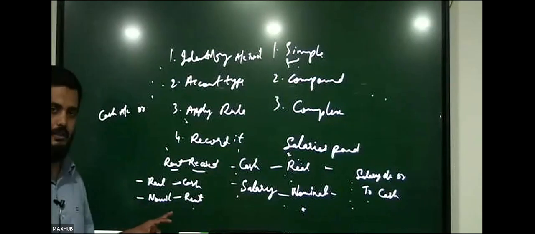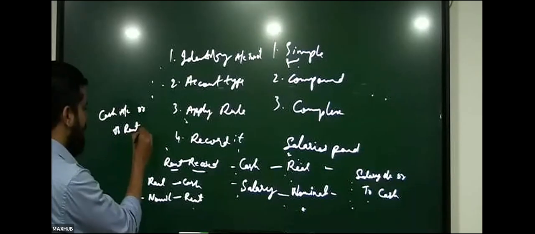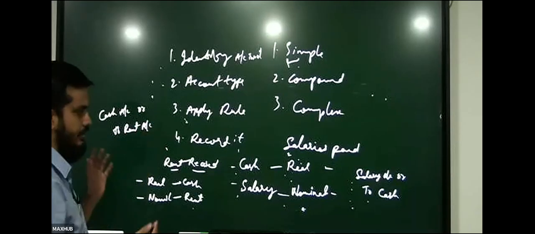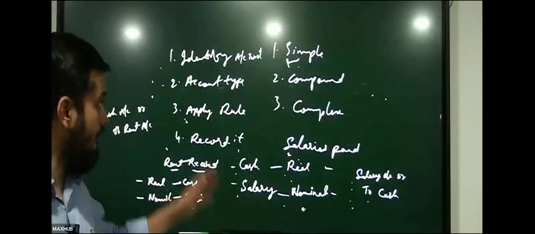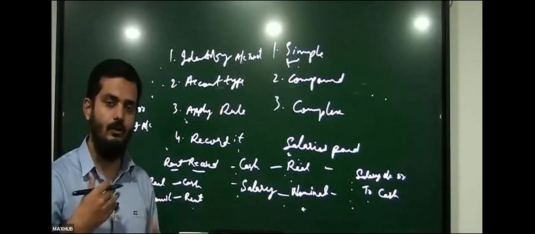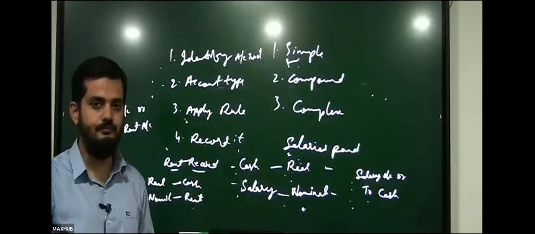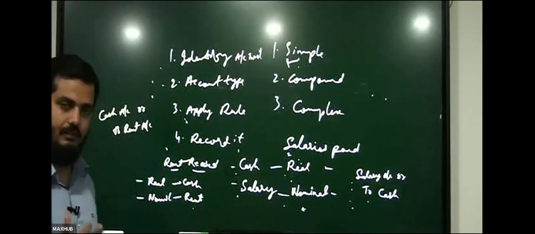So what do I have to do, credit or debit? Credit. Credit side, simple, to rent account. That's it. Your entry is ready. If you follow these steps, guys, you will see the entries coming automatically to you. Does it make sense? If yes, then I'll move forward.